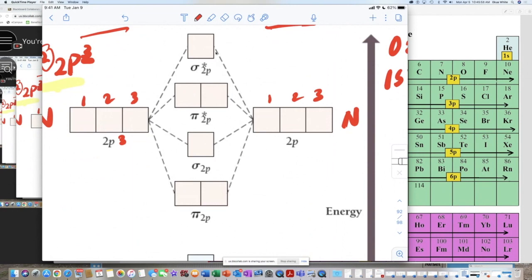The 6 are distributed this way. 2 here, third, fourth, fifth, sixth. 2 are pi. This is probably py, pz. And then the sigma one is px. Remember, px's do sigma bonds. And then py, pz. But what you want to recognize is the first two are pi. One is sigma because experimentally it has lower energy. The third one is pi star. And then the fourth one is sigma star.